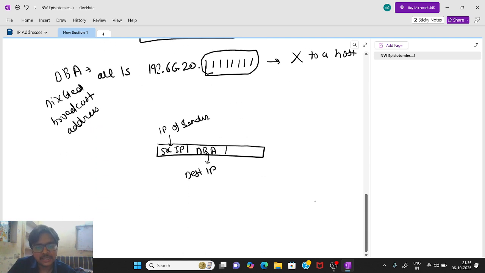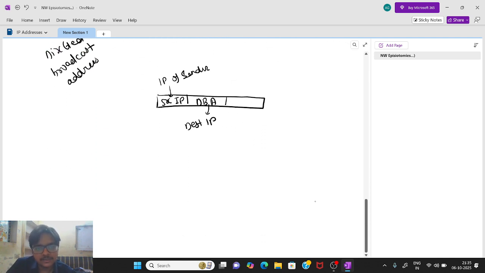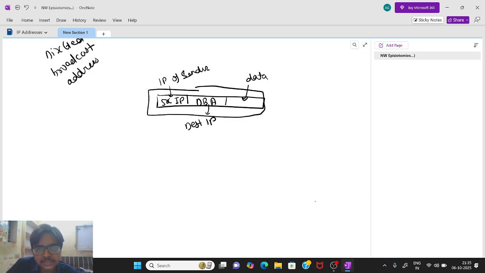So this special IP can be put here, and this is a packet, obviously, with the data that the sender wants to send. Now, whenever this packet is received by another host, let's say host 2, it will see that the destination IP is DBA.